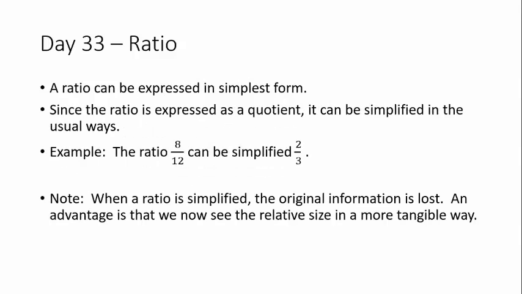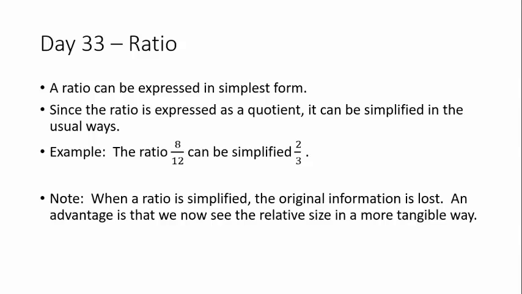Up to this point, we have not simplified any of the quotients that we've seen. A ratio can be expressed in simplest form. So the ratio 8 to 12 can be simplified to 2/3. In the original form, we understand that each number has some significance in terms of the problem.